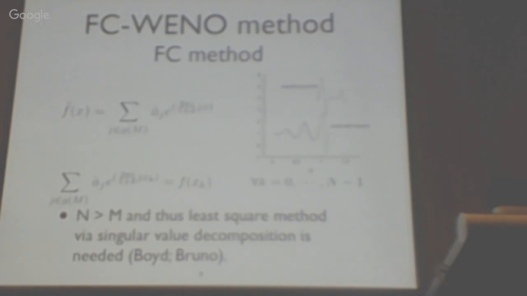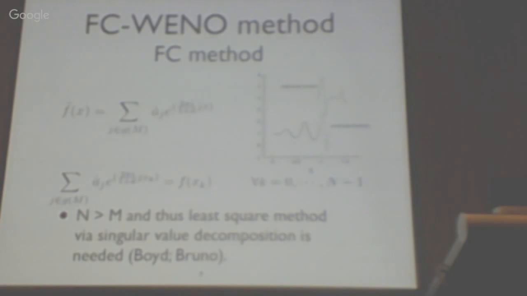The solution that John Boyd and Oscar Bruno came up with, and I guess in some other contexts a few other people too, is that instead of looking at the original domain, let's consider a larger domain and approximate the original function f(x) with f tilde, a Fourier expansion over the larger domain, but make sure that f tilde approximates the original function on the original domain very closely with high order accuracy.